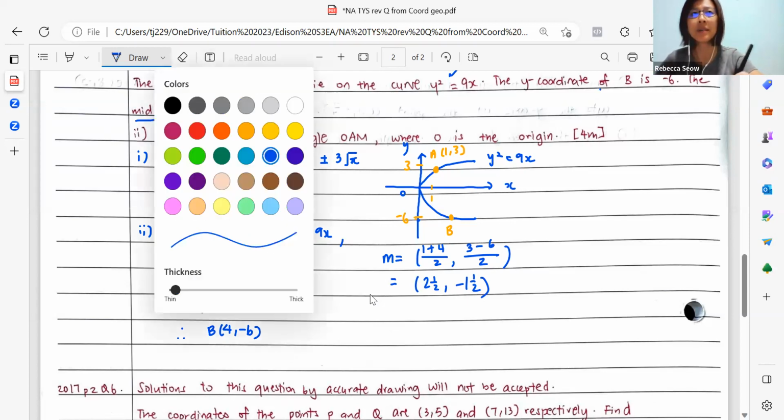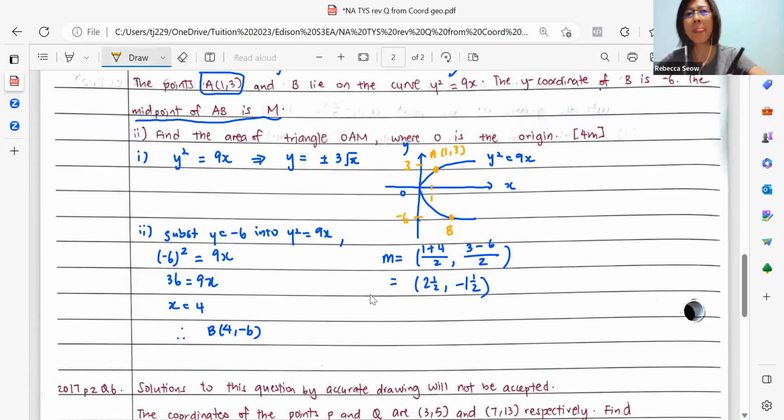Okay, let me put M into the graph. This must be 4. So if it is 2.5 and minus 1.5, let's say perhaps it is here. So this is M, and then B here, of course.